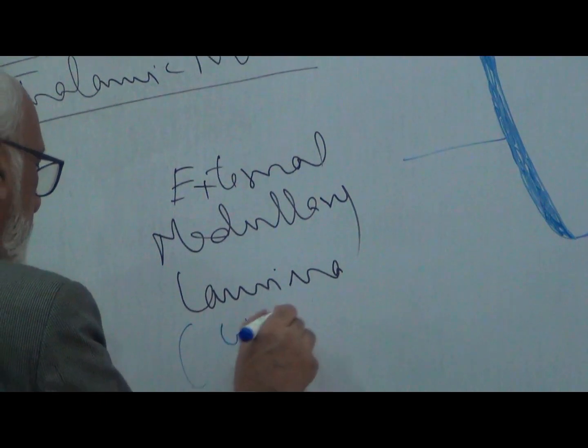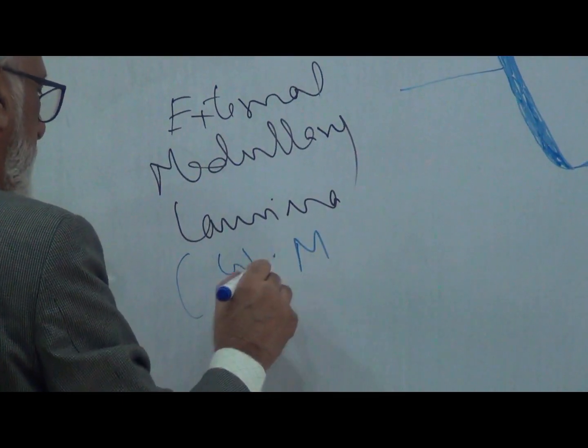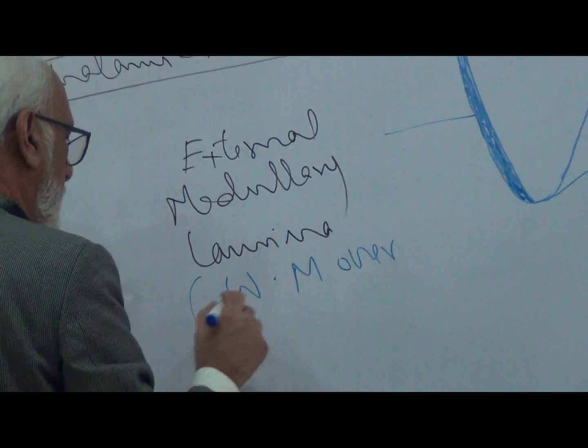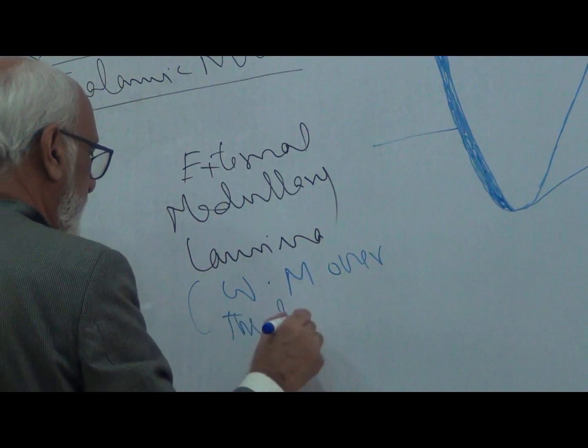It is also white matter over the lateral surface of thalamus.